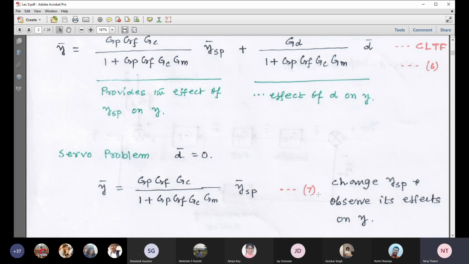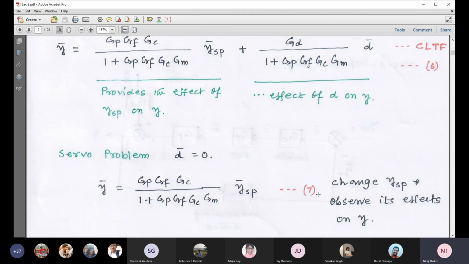Now say after a few days, as per the market demand, we need to increase the purity from 95 to 99. So how will YSP change? It will change from 95 to 99. Got the example?